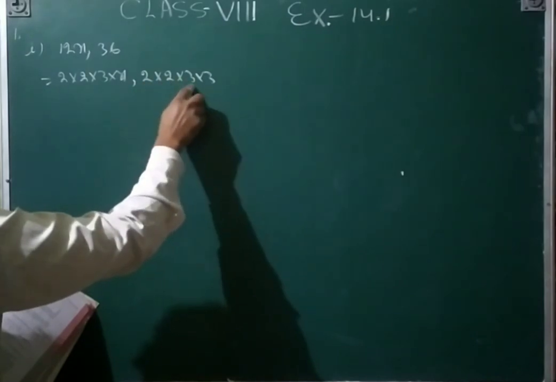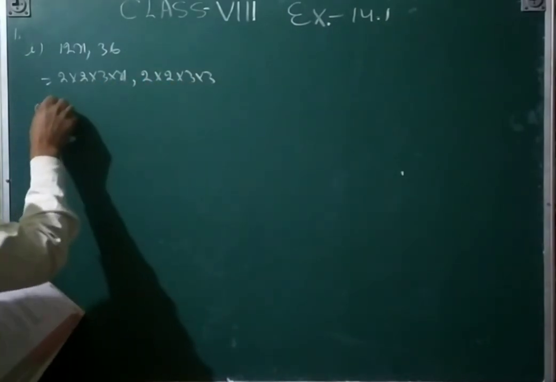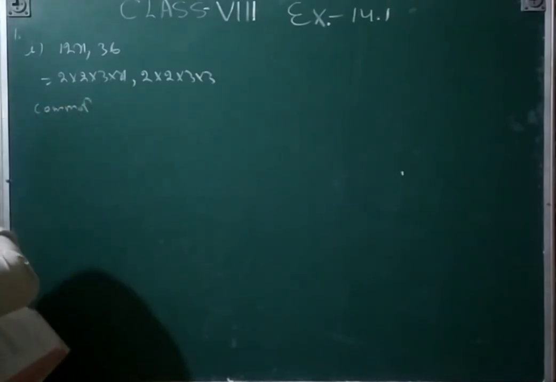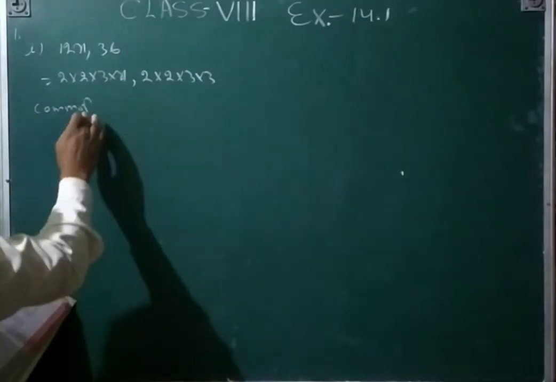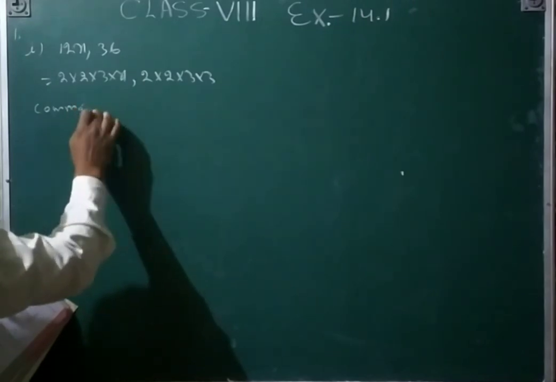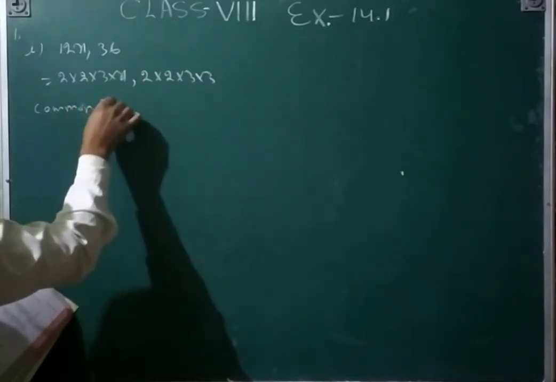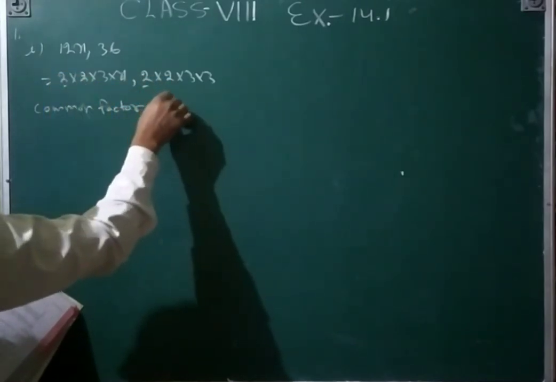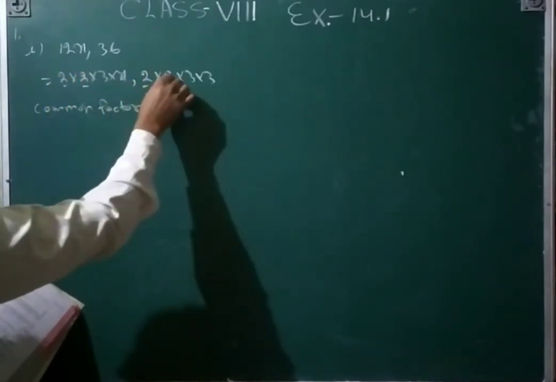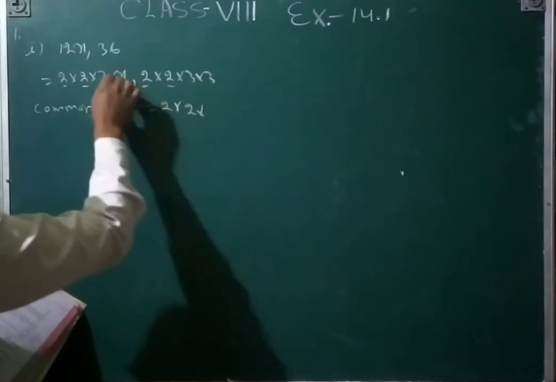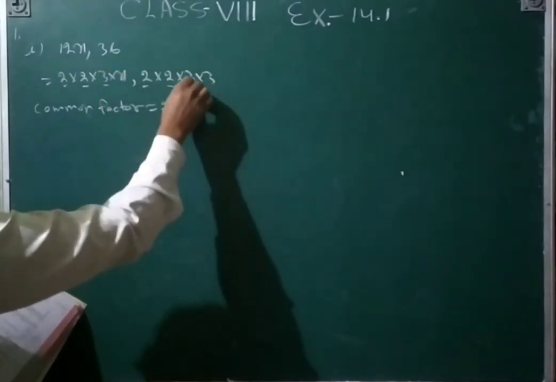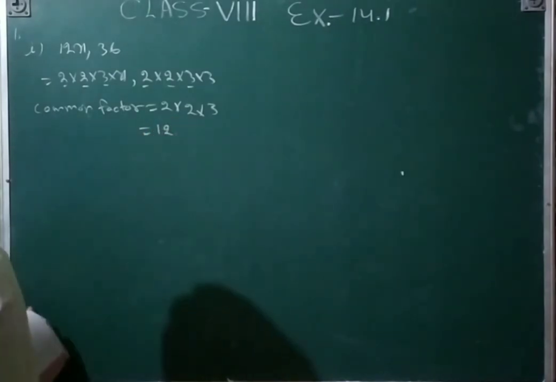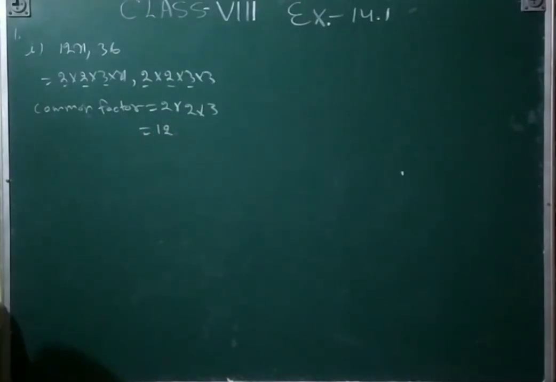So the common factor: 2 is the same, again 2 is the same, and then 3 is the same. So that is the common factor, 12.